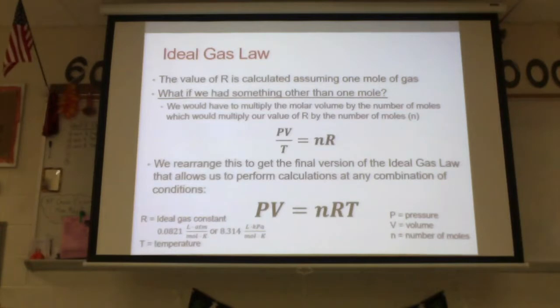Now we have 2 values of R: 0.0821 liter atmospheres over mole Kelvin, or 8.314 liter kilopascals over mole Kelvin. Notice, here it's in atmospheres, here it's in kilopascals. Did we just memorize one of these? You can just convert the units of pressure. Temperature, T, has to be in Kelvin.